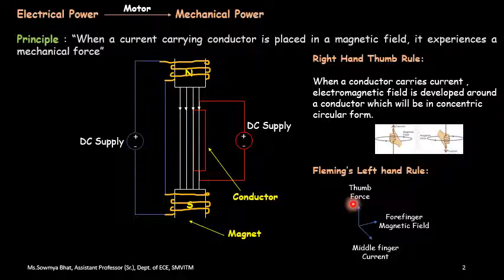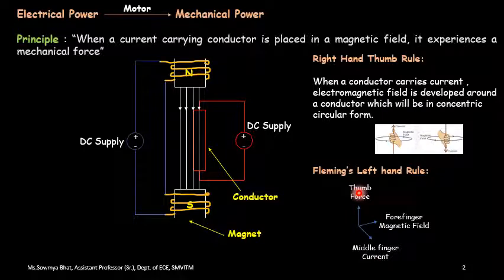Whenever you stretch your left hand in this manner, with the thumb, forefinger and middle finger each separated by an angle of 90 degrees, the thumb of the left hand is going to point in the direction of the force, the forefinger gives the direction of the magnetic field, and the middle finger states the direction of the current.